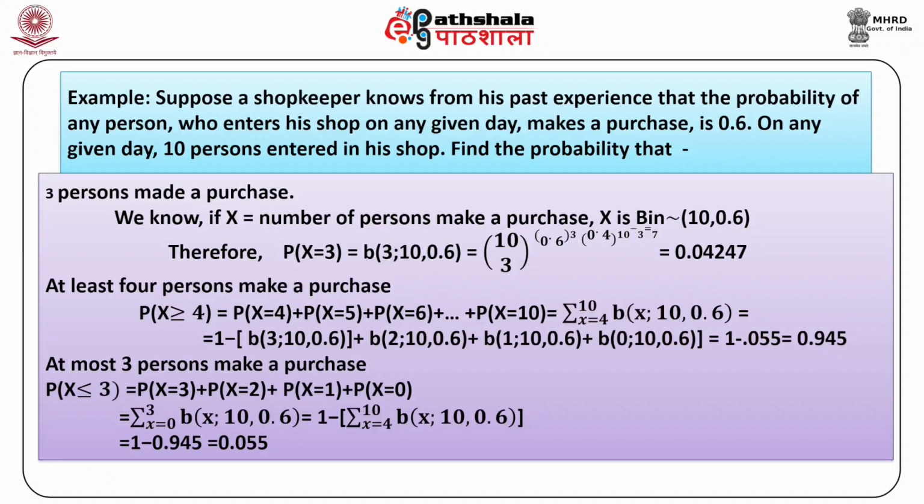Now, this you can find is also equal to 1 minus the probability that x takes the value 1 plus x takes the value 2 plus x takes the value 3.